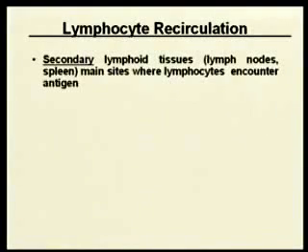That's a very generalized way of looking at it. You have your secondary lymphoid organs, which are comprised of lymph nodes and the spleen. These are the main areas where the lymphocytes encounter the antigen.